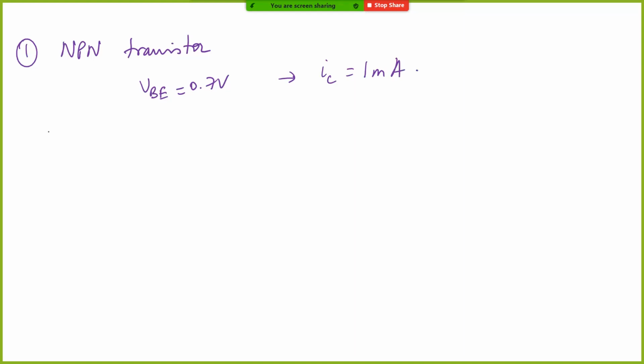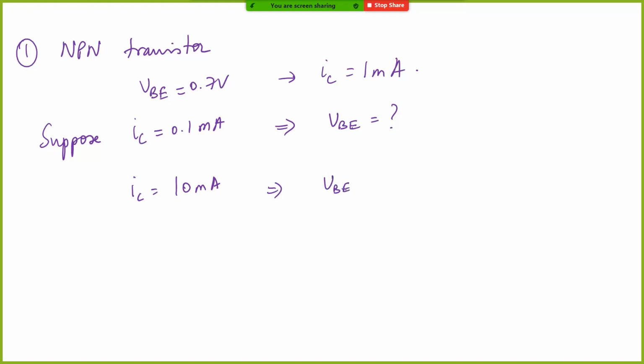Now suppose you want an IC of 0.1 milliampere and an IC of 10 milliampere. What will be the corresponding VBE? You can take the thermal voltage to be around 25 millivolt at room temperature. Some books will say 25 millivolts, some will say 26 millivolts, doesn't matter. Can you calculate and tell me?